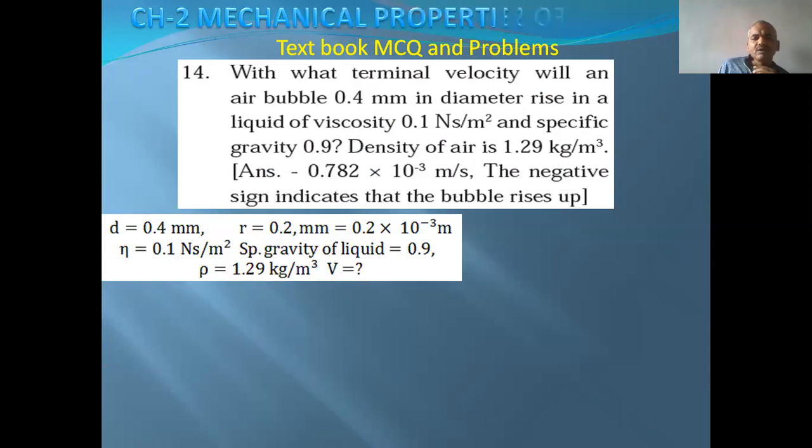Okay. Now in the second sentence, they gave the liquid of viscosity 0.1 Newton second per meter square, that is the viscosity is given, and the specific gravity 0.9, the specific gravity of the liquid through which this air bubble can move, it is 0.9.